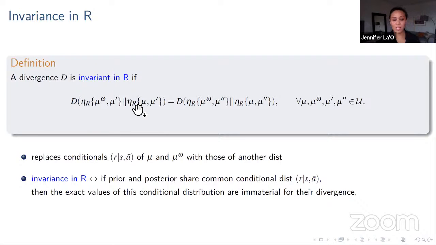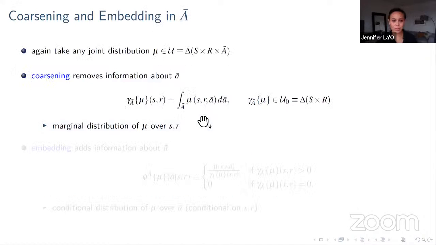Invariance in R says that if you do that, it doesn't matter what this replacement conditional distribution is. So if the prior and posterior share a common conditional distribution of R conditional on S and A, then the exact values of that conditional distribution are immaterial for their divergence. So that's invariance in R.